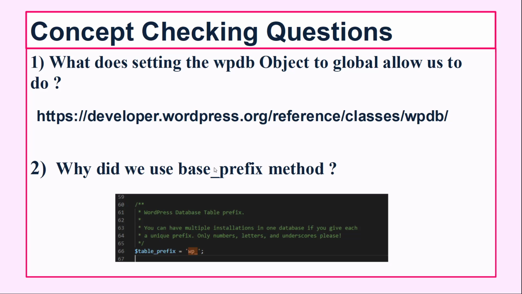The second question, why did we use that base prefix method? Well, that goes into the config files for WordPress and finds the table prefix that you've assigned it, so it does it automatically. This means that if you change this, for example, in the config, the plugin will still work because it will take this prefix.